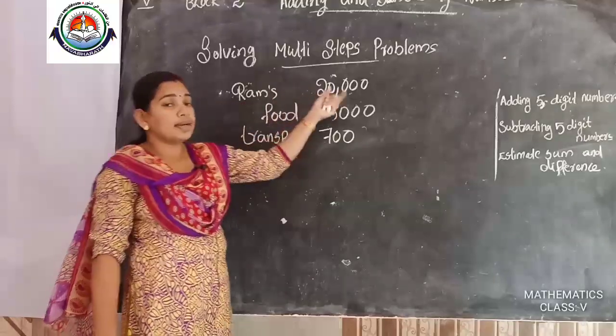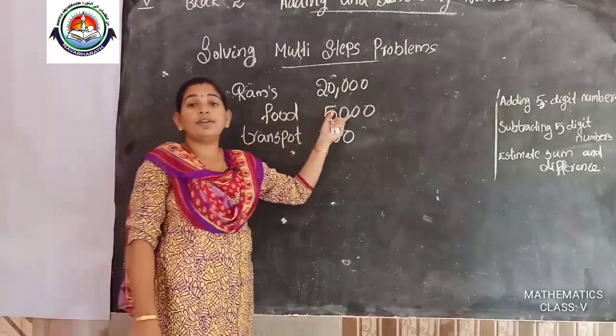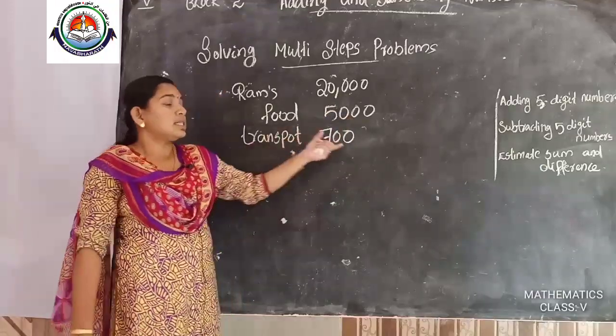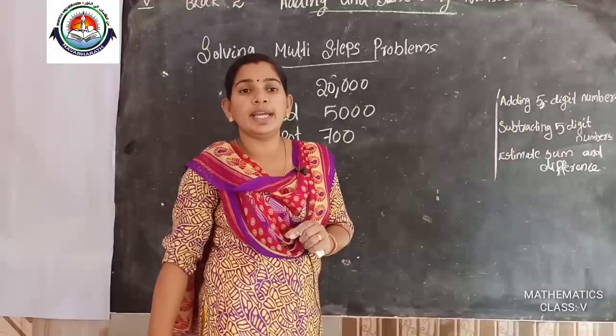Ram's monthly salary is 20,000. He spent 5,000 for his food and 700 for his transport. Then how much money is he left with?